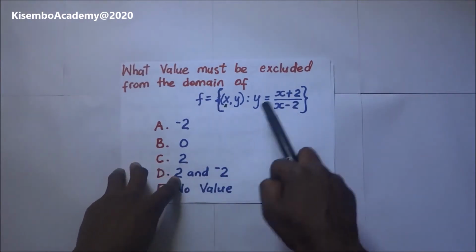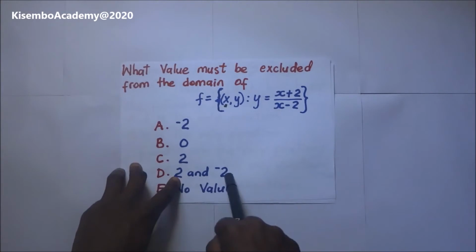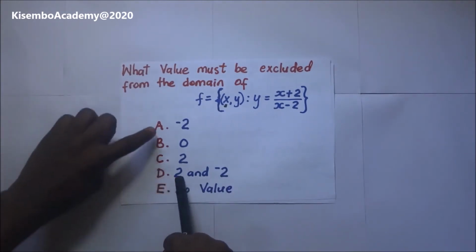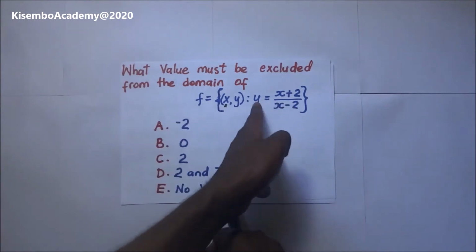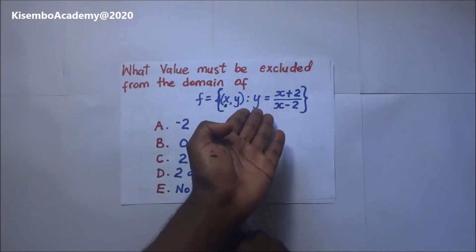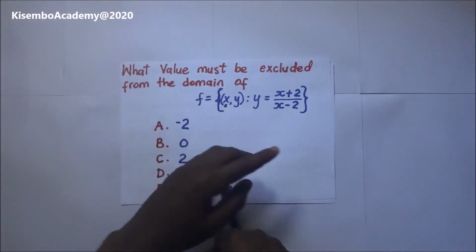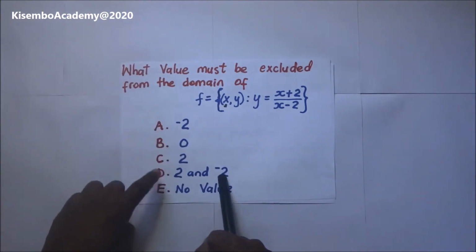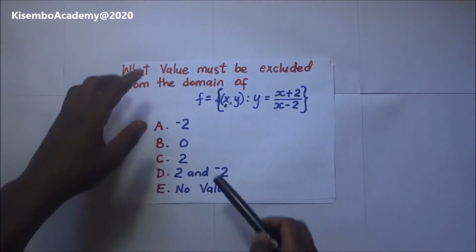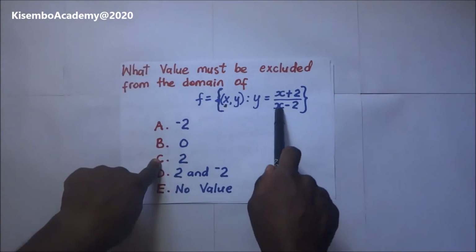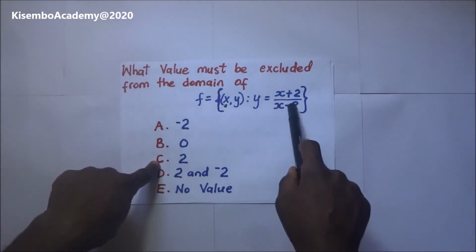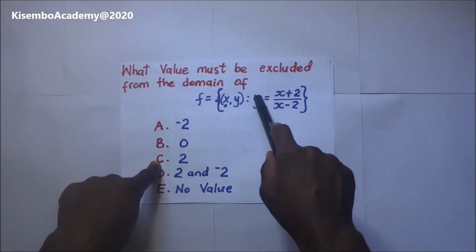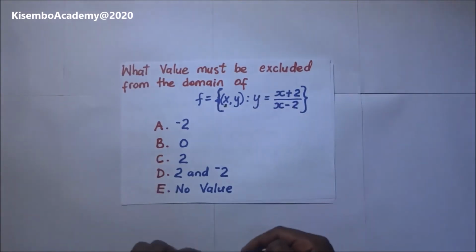D is 2 and negative 2. Well, we already ruled out that if we make x negative 2, it would still give us a value of y that is a real number. So in this case, our answer for this number is C, because if we make the value of x 2, it's going to give us 2 minus 2 down here, and our value of y would be an undefined number.